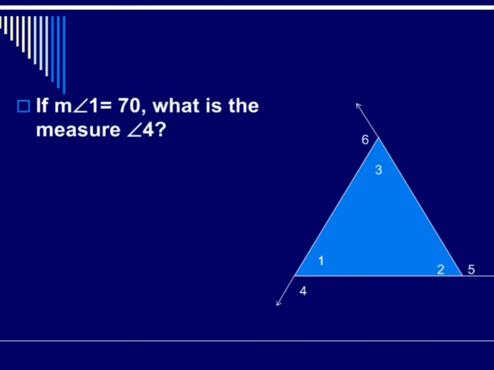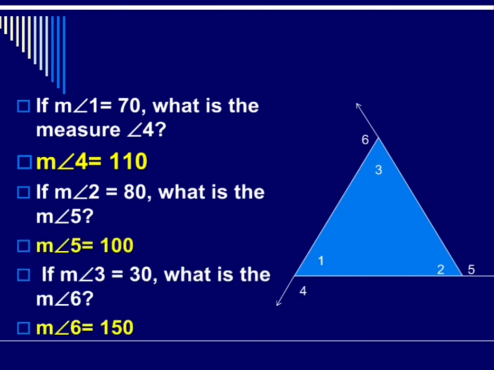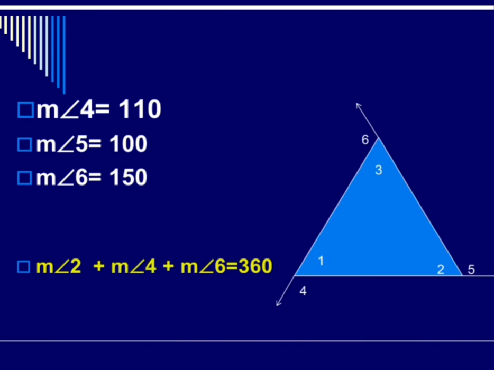If the measure of angle 1 equals 70, what is the measure of angle 4? It will be 110, and so on. So the summation of the exterior angles of any polygon equals 360.